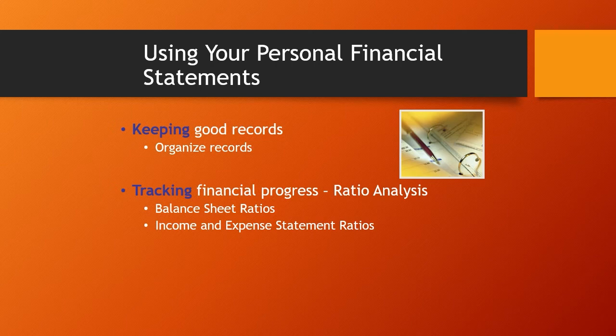So that's how we can use ratio analysis to get an idea of where we stand or where we need to be. For example, that particular ratio is a rough guide to our emergency fund. An emergency fund is how much liquid assets we should have set aside in case we face unexpected expenses, right?